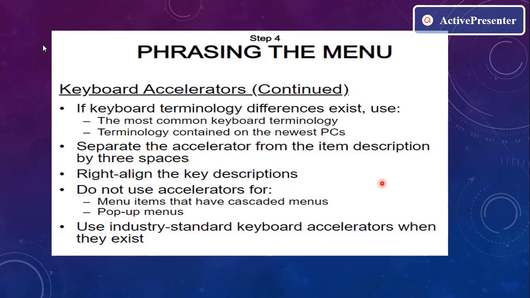After Italic is written, you have to give a minimum of 3 spaces, and then write the keyboard accelerator as Control plus I. So give the 3 spaces, and right-align the key descriptions. The keyboard accelerators will always be placed at the right-hand side of the menu.